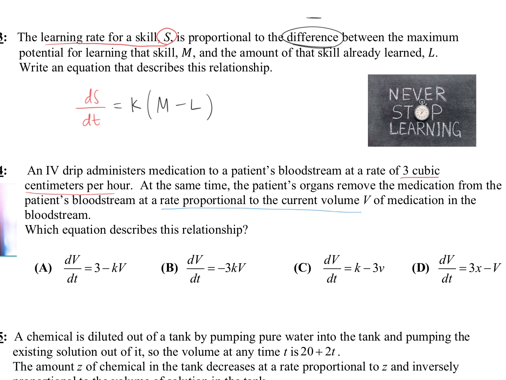So the part that I have underlined there in blue, how would I write the rate that's proportional to the current volume V? How would I write just that piece? Not dV dt, multiply, where I have K as my constant of proportionality, and then I times that with my volume.